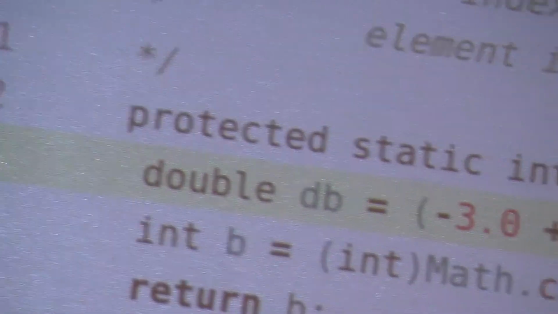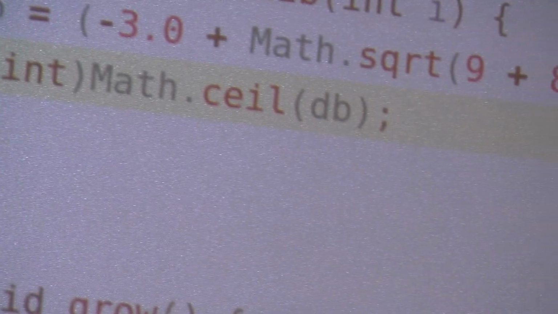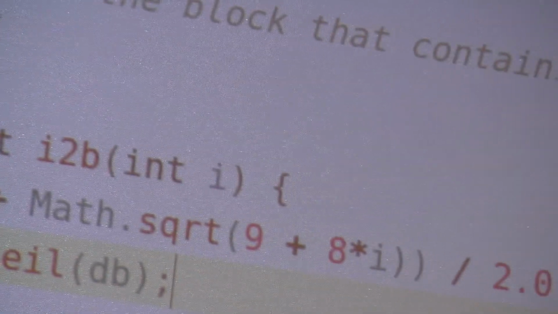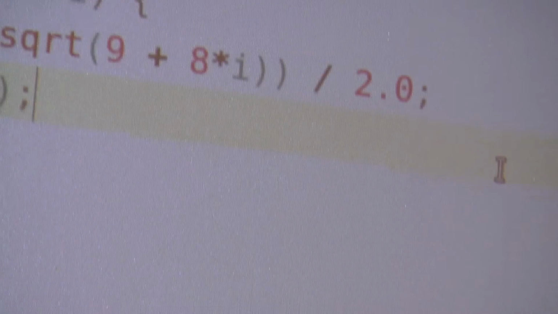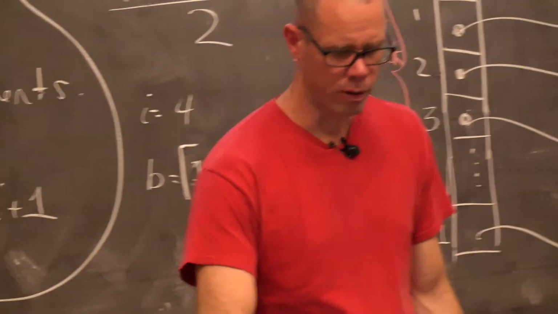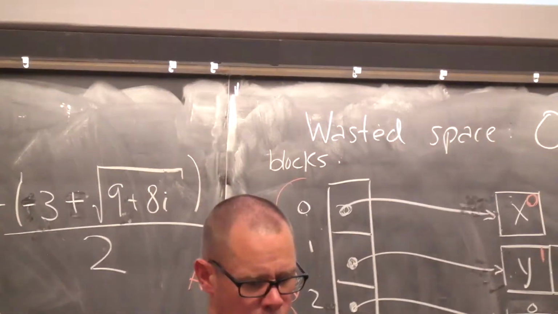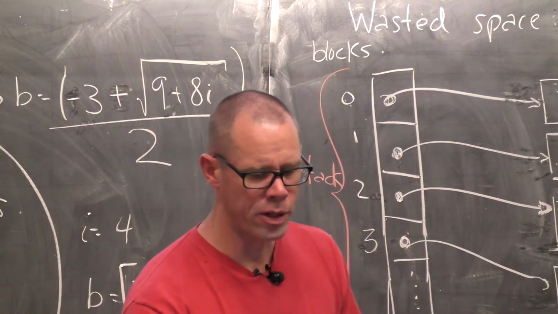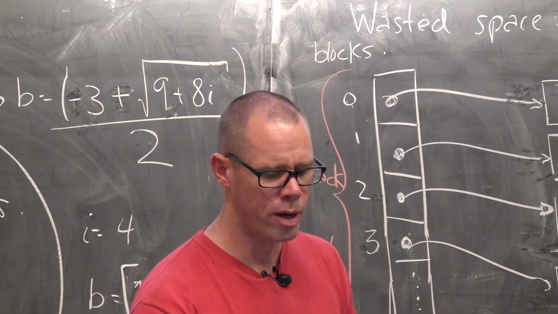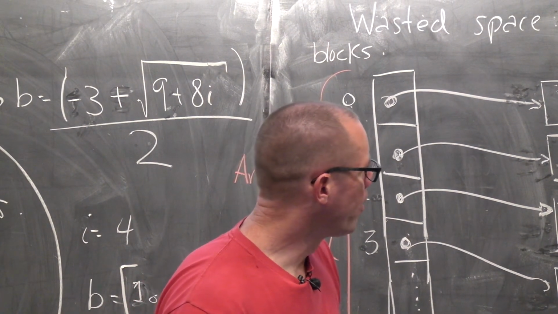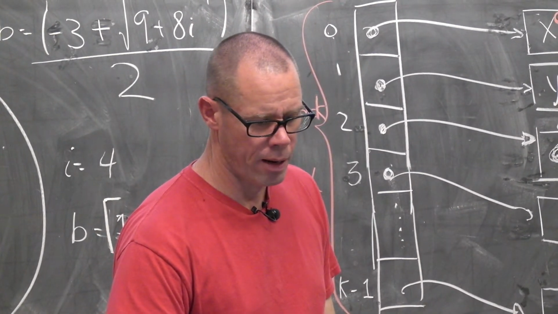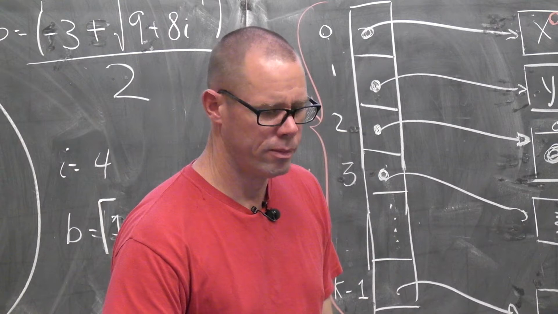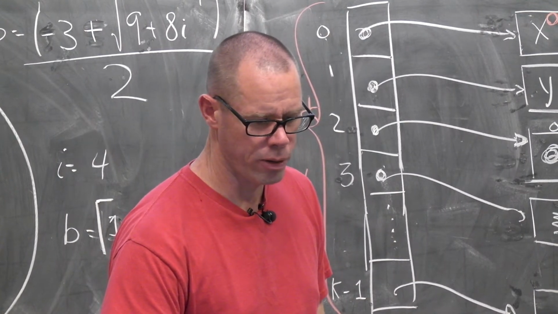This works correctly for all roughly 2 billion possible indices that you can have as an integer. So it works correctly for I equals 0 up to 2 to the 31 minus 1. So that rounding is not an issue here.